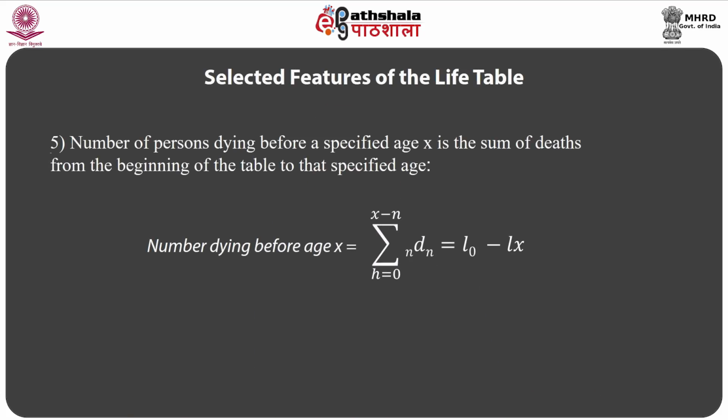Number dying before age x equals the summation of h equals 0 to x minus n, ndh, equals l naught minus lx.